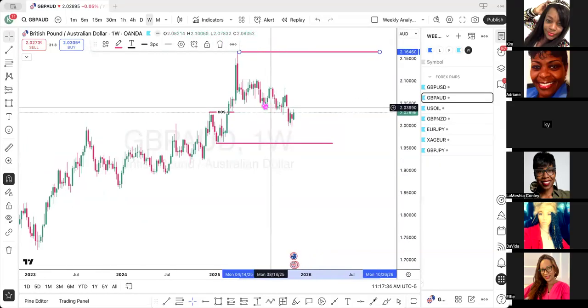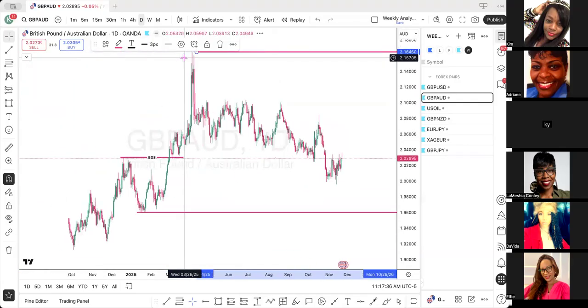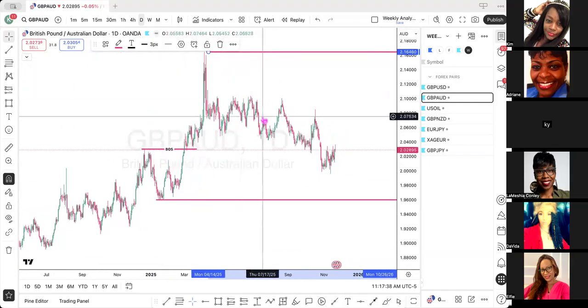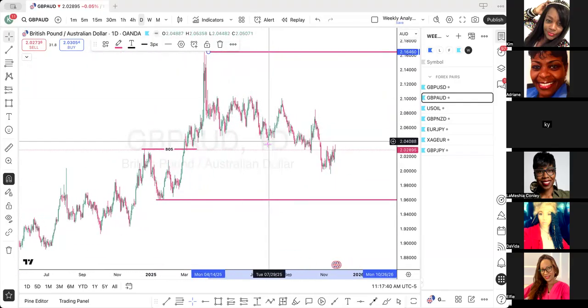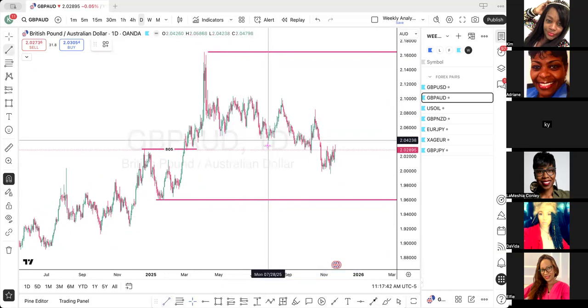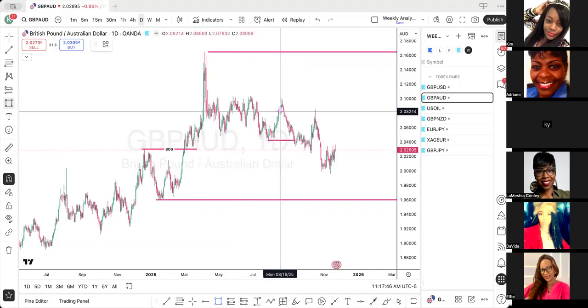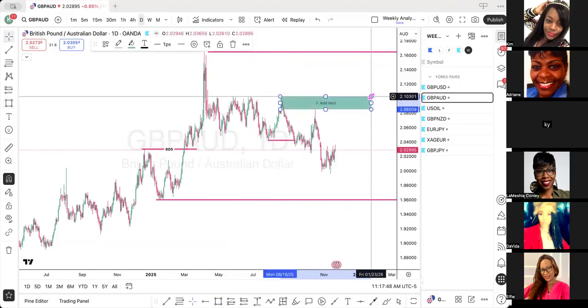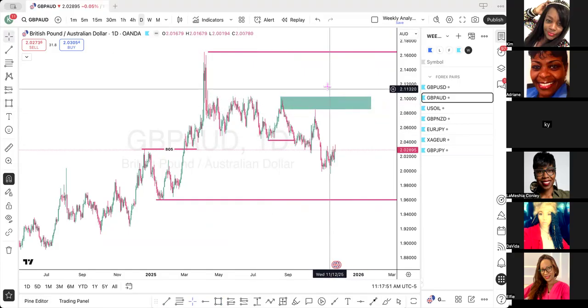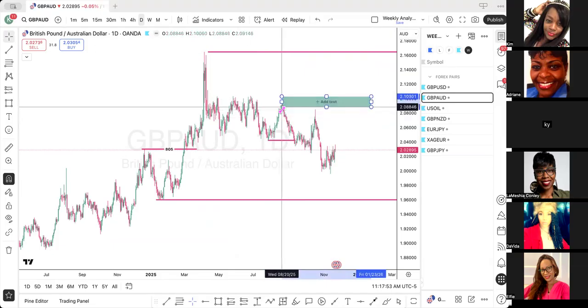So let's go down to the daily. And as you can see, we have bearish structure. You have a break of structure here. Price pullback to a supply zone or almost tapped into a supply zone.